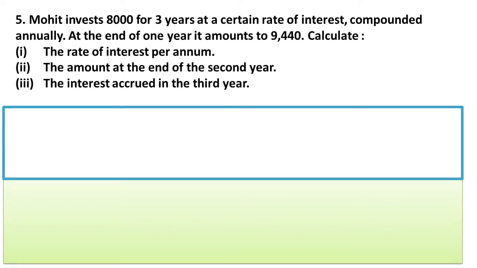Question number 5. Mohit invests ₹8,000 for 3 years at a certain rate of interest, compounded annually. At the end of 1 year, it amounts to ₹9,440. Calculate the rate of interest per annum, the amount at the end of the second year, and the interest accrued in the third year.